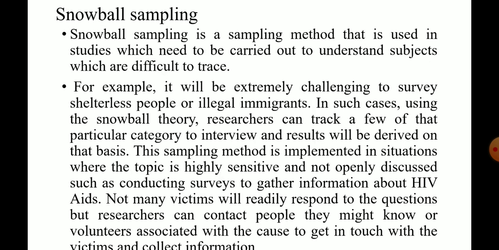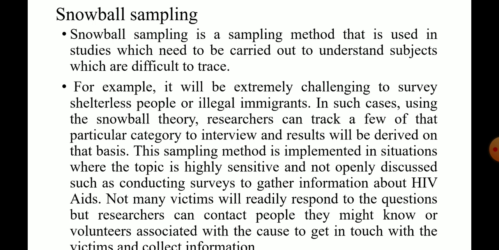Next type is snowball sampling. It is used in studies that need to understand a subject which is difficult to trace, when the topic is highly sensitive and not open to discussion.